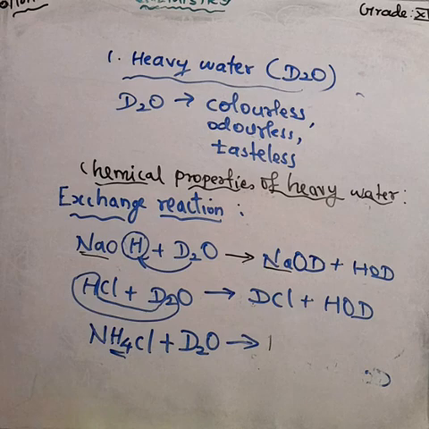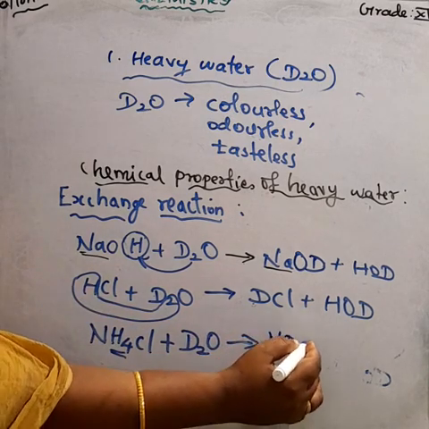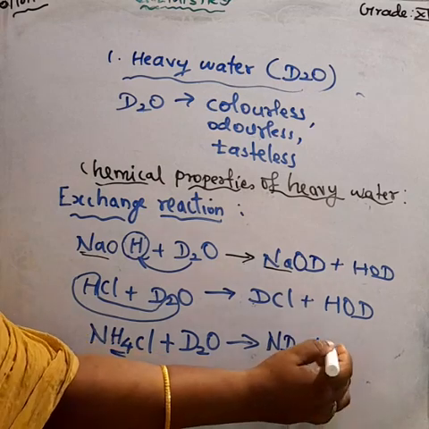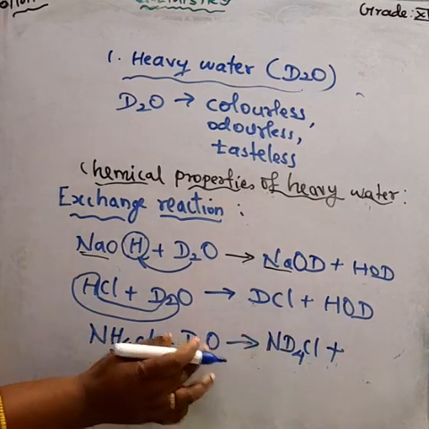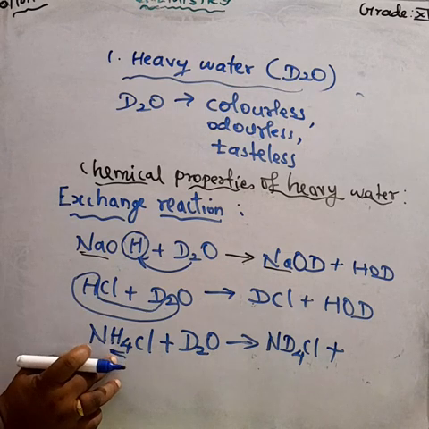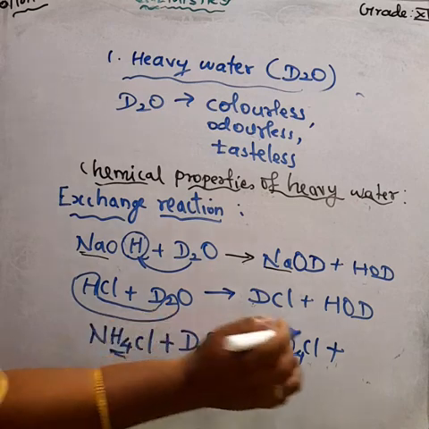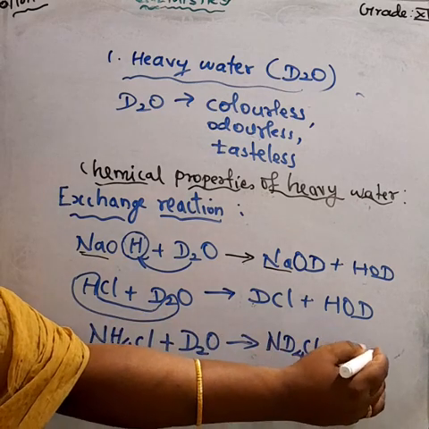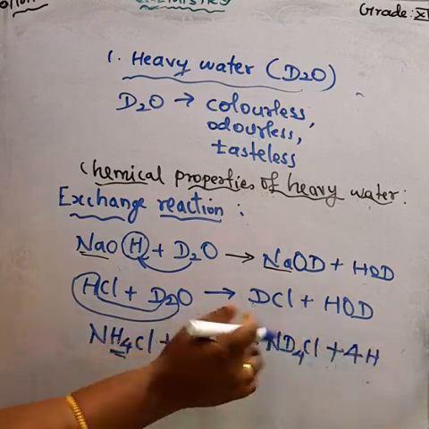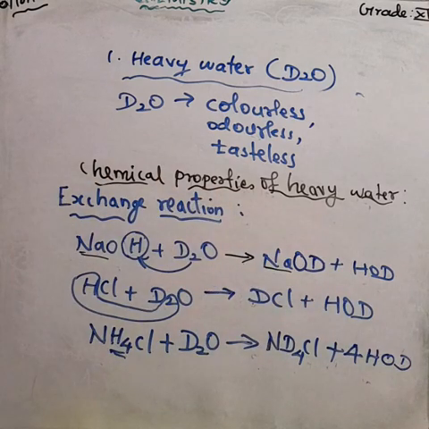And the remaining product: here 1 oxygen, and 4 hydrogen atoms replaced by deuterium. So we get 4 HOD. Now we have to balance the equation.